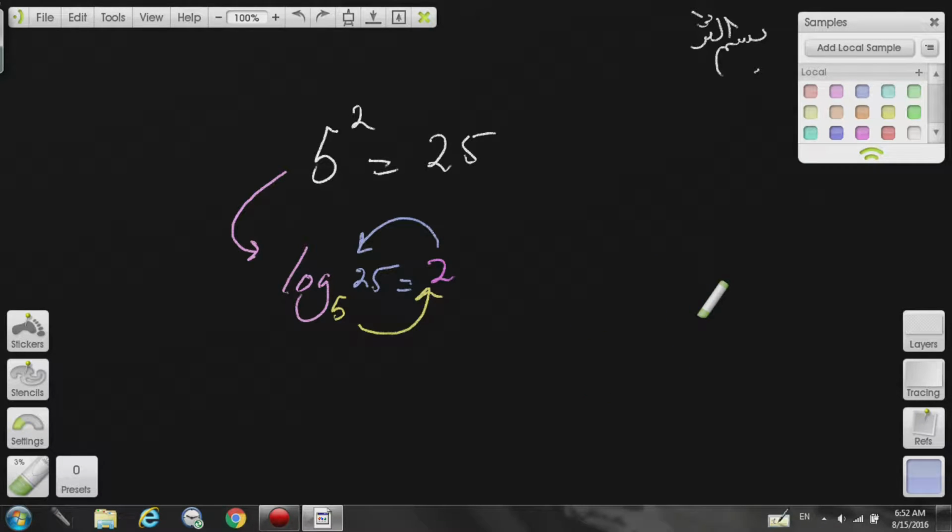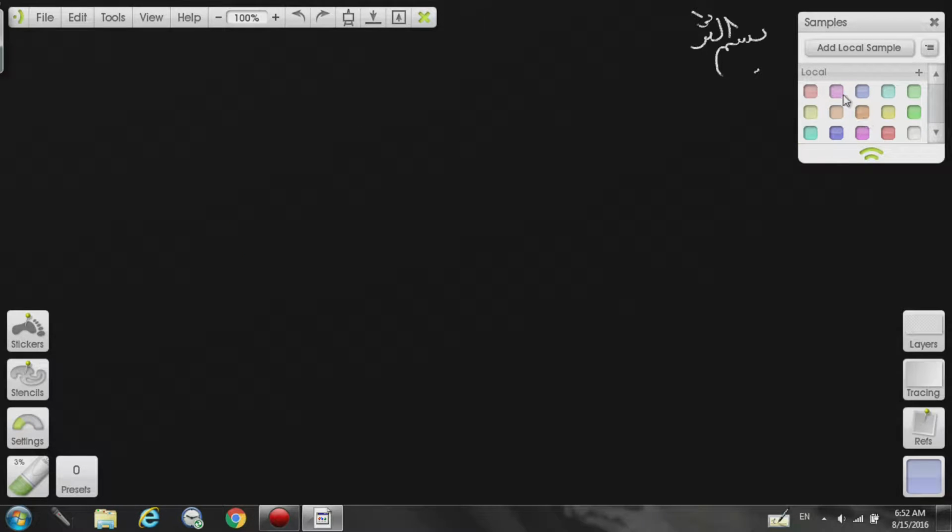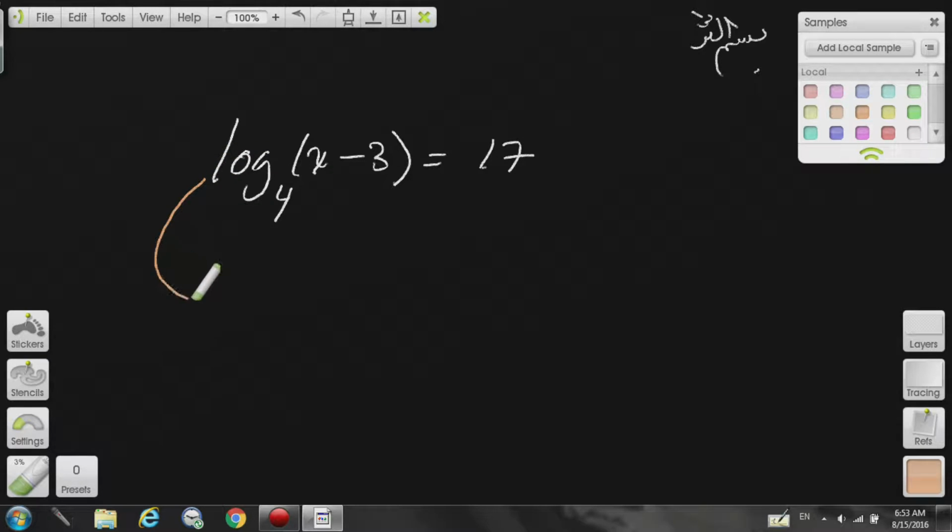On the other hand, we should also be able to go the other way. So if the equation is given to us like this, log base 4 of x minus 3 equals 7, I'm just making this up, now you should be able to change this to an exponential form. So base 4 to the exponent of 7 equals this quantity, x minus 3.